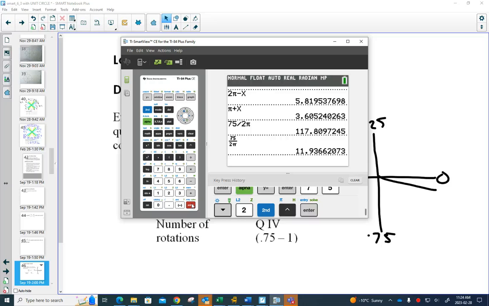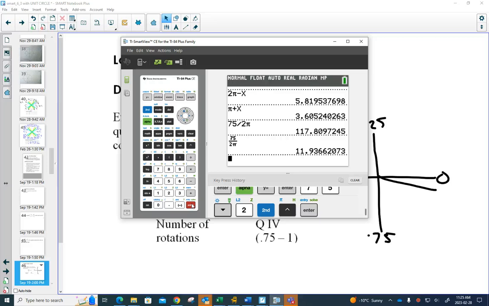But I want to point out that you will be very tempted to do what I did at first, when I went 75 divided by 2 pi. Doesn't that look exactly like what I said? Doesn't this, in your calculator, look like 75 divided by 2 pi? That is actually, by order of operations, 75 divided by 2, get that answer, and then instead of also dividing by pi, your calculator multiplies by pi.